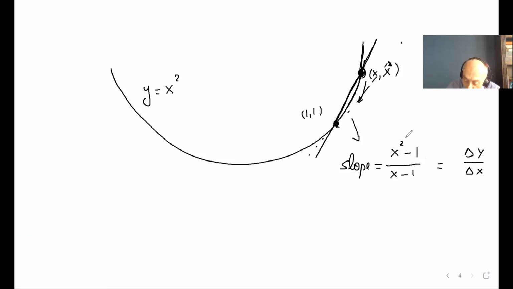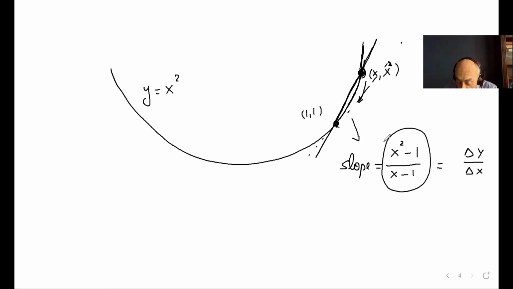All right, so this quotient can be calculated, and in this particular case, it can be calculated easily by doing a little bit of algebra. If I write x squared minus 1 over x minus 1, does anybody remember how to factor x squared minus 1?